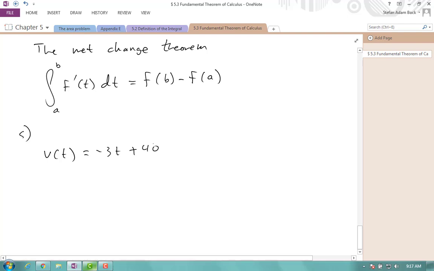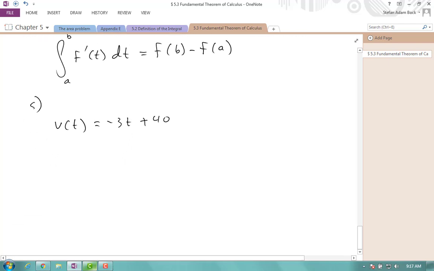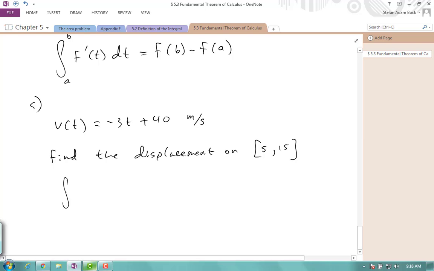It won't tell me exactly the position because right now I don't have knowledge about where my object started, but I do know the velocities. So I want to find the displacement of this object on a 10-second interval starting at 5. We'll say this is in seconds, just so we have units, meters per second. Then displacement is a net change in position, or how its position has changed from a prior position.